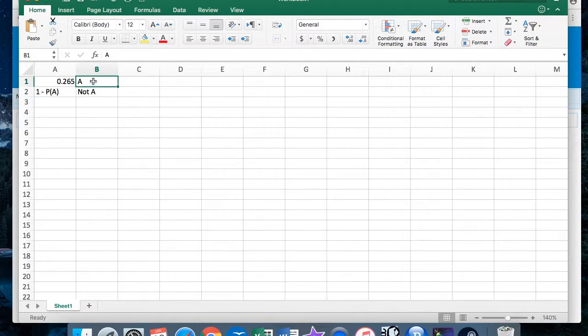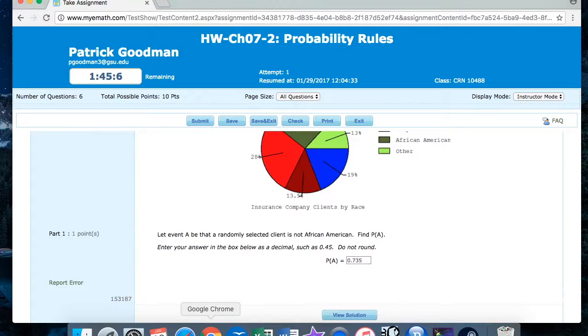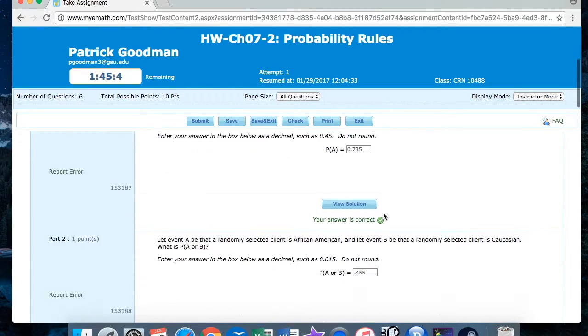So if we're saying A is African American, 1 minus P(A) would be not A. Right? So just the complement. So we have 1 minus our 26.5%, and we get 73.5%, which was this answer, and that was correct.